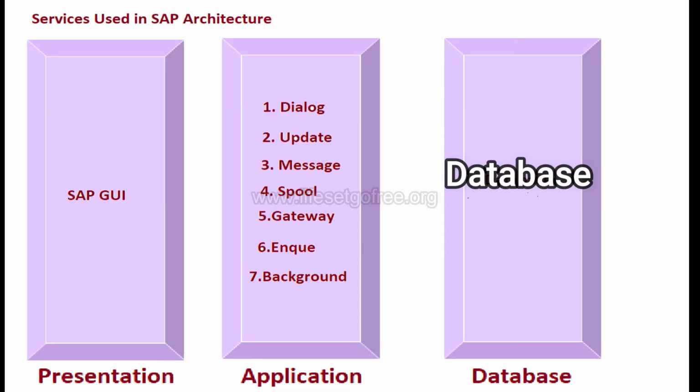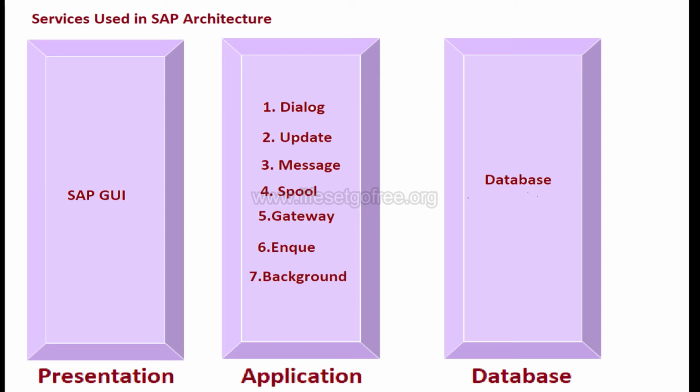If any one of these services in any of these three layers fails, we will not be able to work with SAP R3. What is very important is this R3 architecture in SAP. Now I will ask you some things and I will explain.